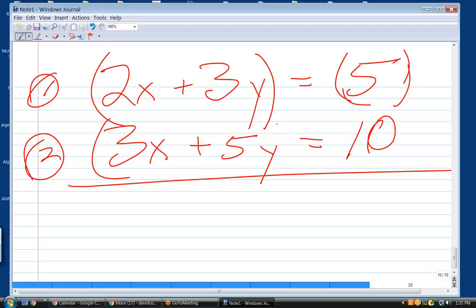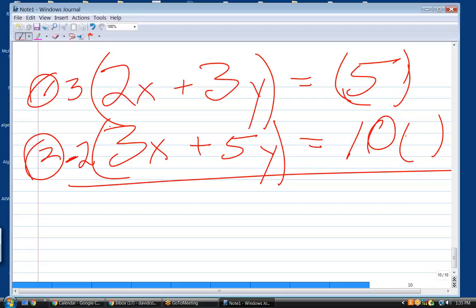What numbers can I use? Is there a specific number that I have to use? Well, kind of. In other words, my goal is to eliminate one of these variables. Let's pick x. Notice that if I multiply the top by 3 and the bottom by -2, I'm going to end up with 6x and -6x.